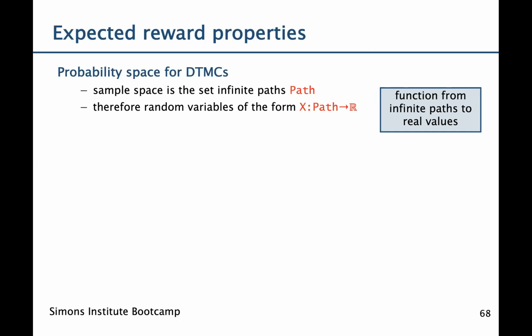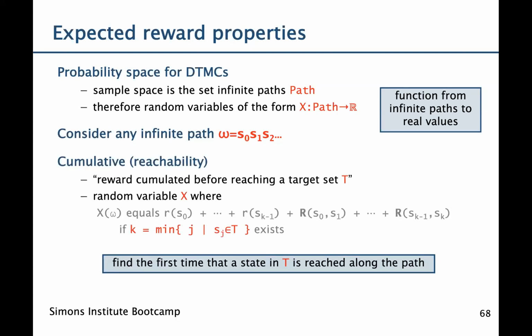So therefore we want random variables which take an infinite path and return a real value. So if we consider any infinite path, then one such random variable can be the reward accumulated before we reach some target set T.